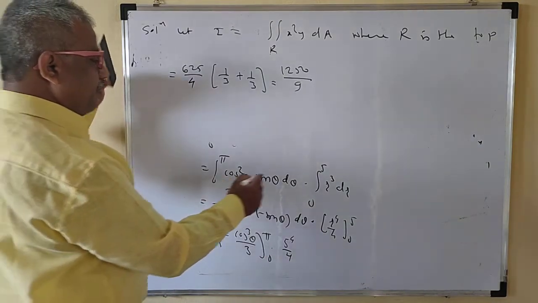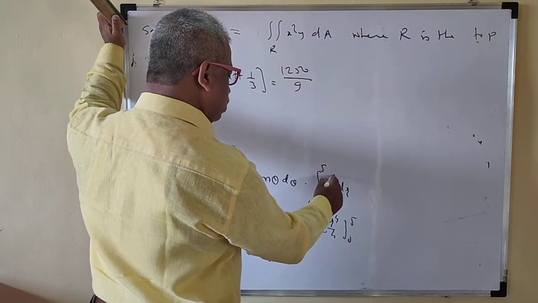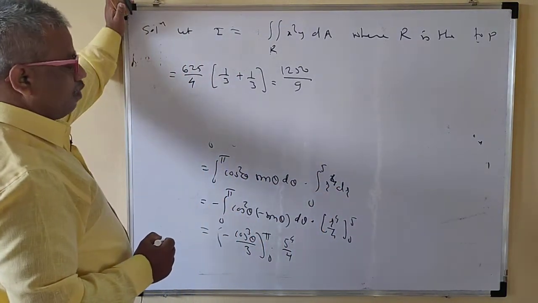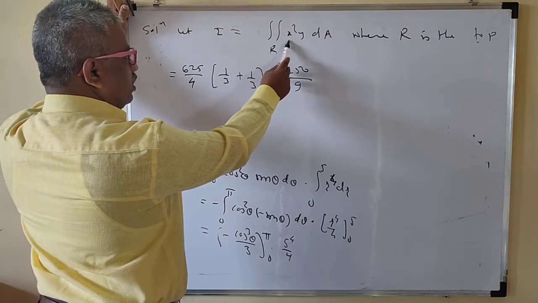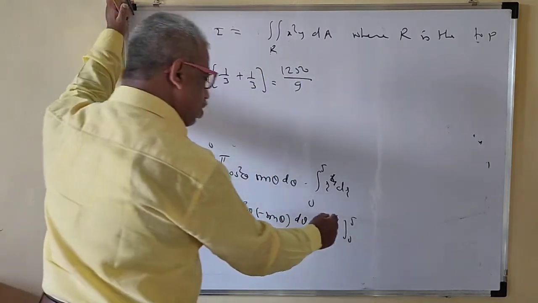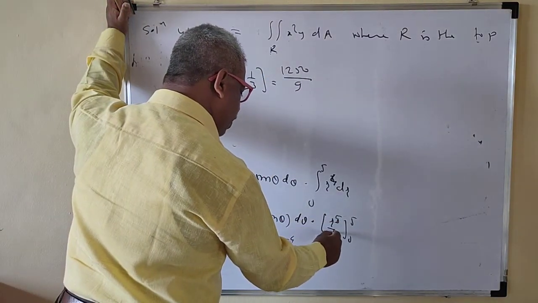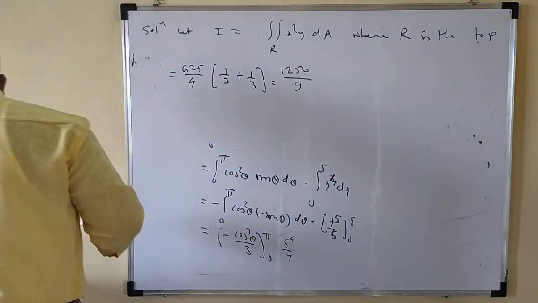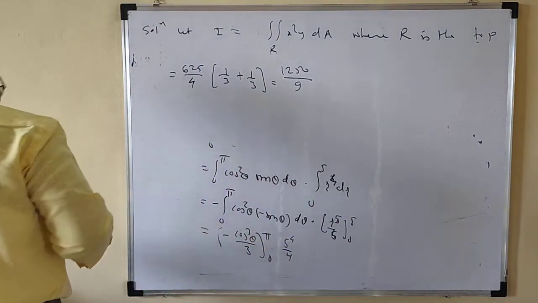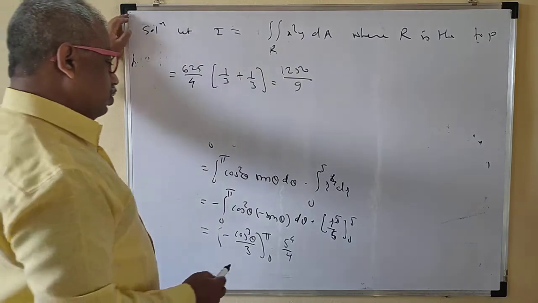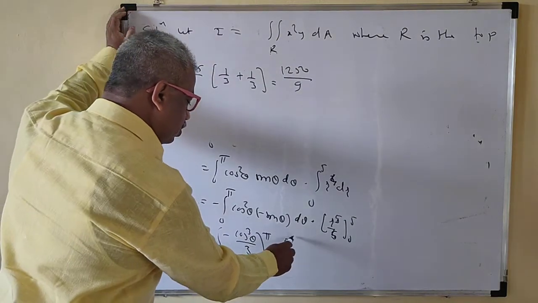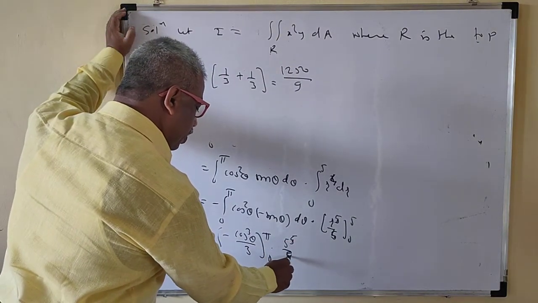So here r to the power 4 should be, because here r square, r4. So this is r to the power 5. Okay, r to the power 5. So this is 5 to the power 5.